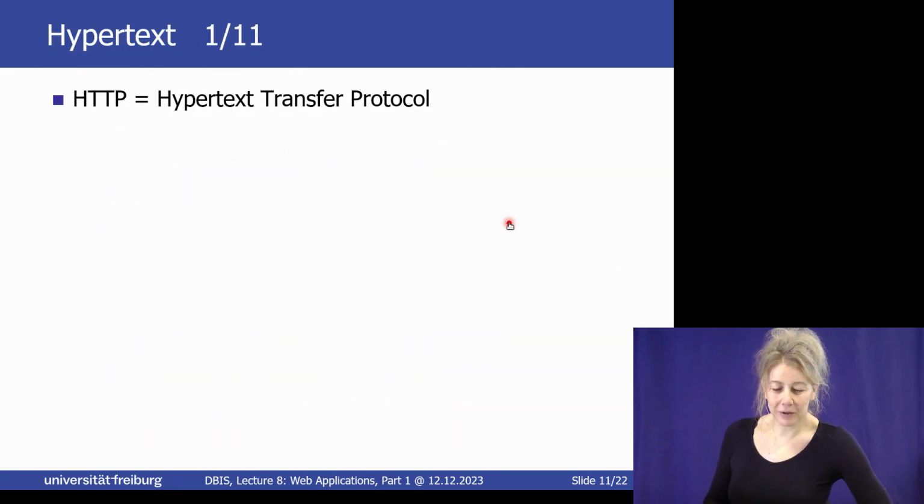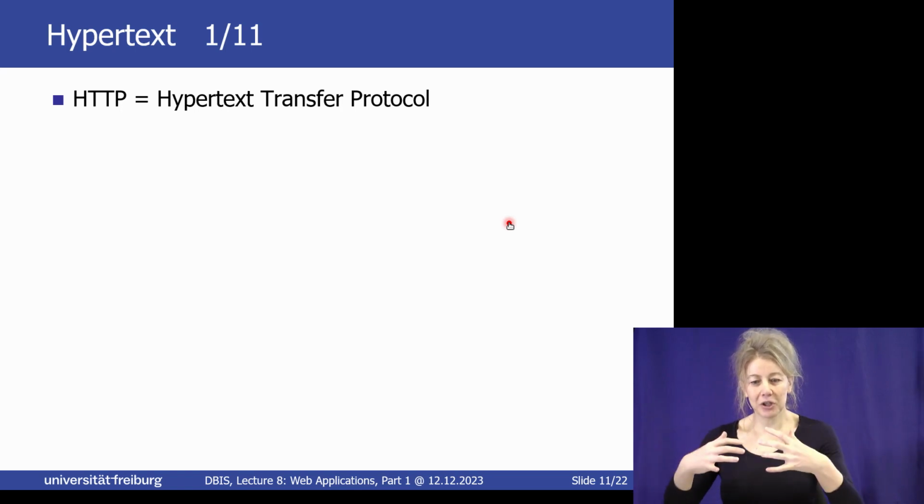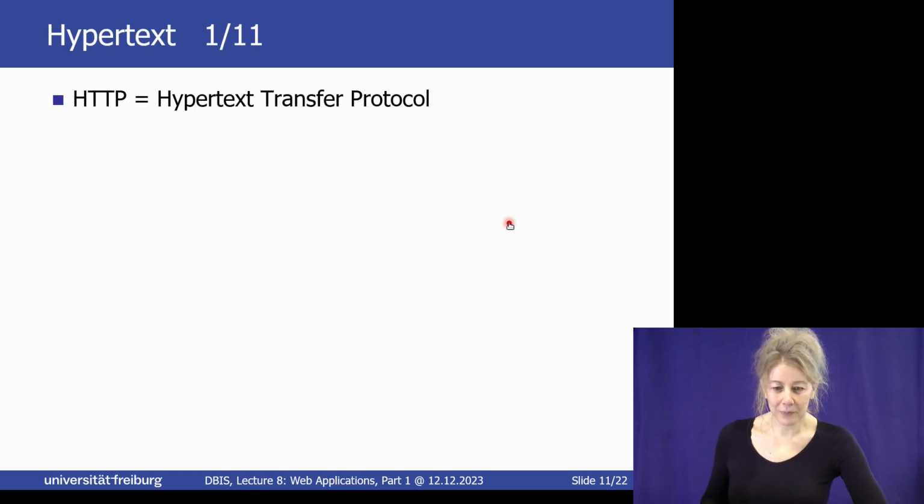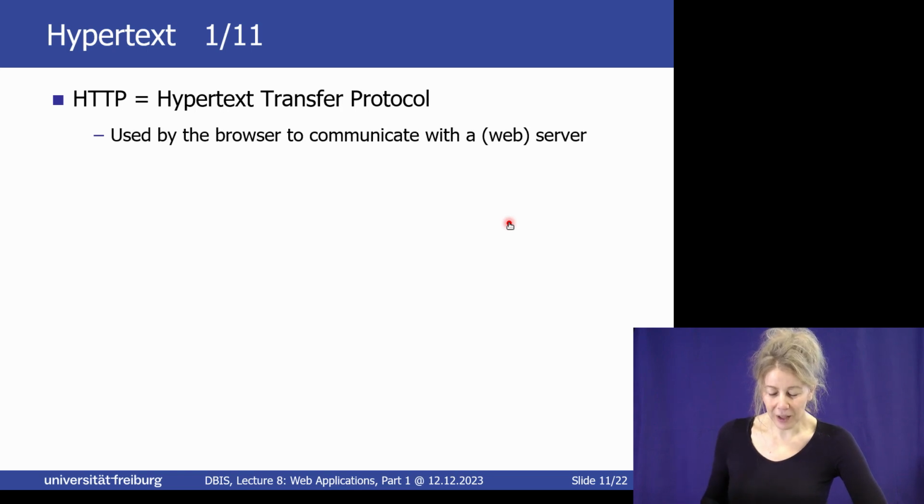Now let's talk a bit about HTTP before we continue with our implementation. So now we are talking about machines talking to each other in the context of a web application. The protocol there is called HTTP, how we talk to each other. And it's a basic request-response protocol.